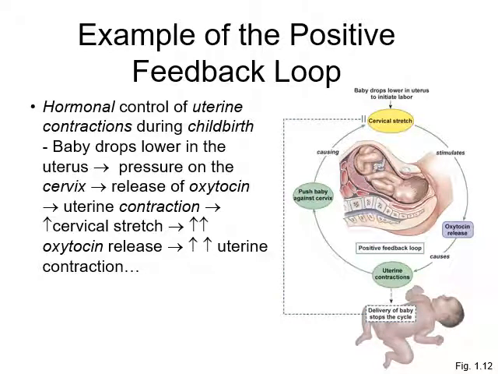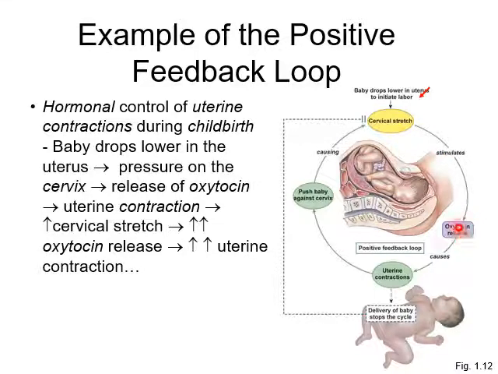So let's see how this works in the case of childbirth. Once it comes time around birth time, this is your classic positive feedback loop because we're going to amplify. The baby drops lower in the uterus, and we get a stretch on the cervix. The stretch on the cervix causes release of oxytocin, a hormone.